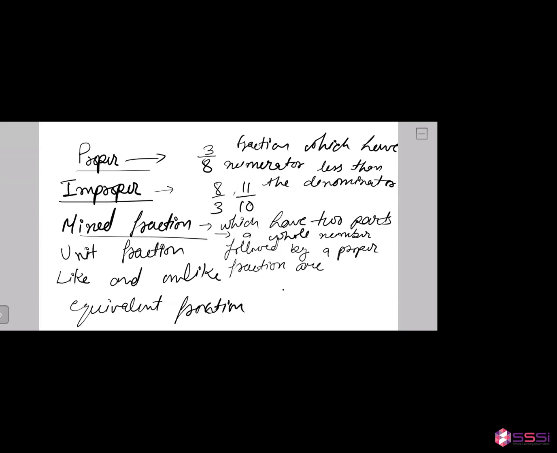A whole number, let's say 1. 1 is a whole number, and with the 1 there is a proper fraction 2 by 7. This is a mixed fraction. If I write 1 and 7 by 2, that doesn't make sense. It is 1 and 2 by 7, right?